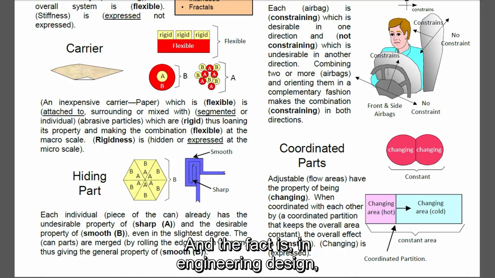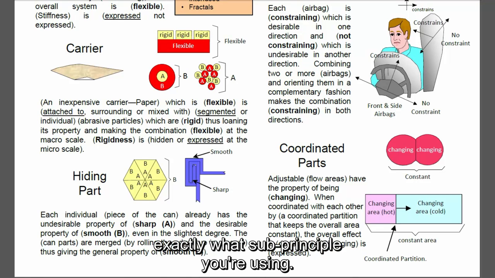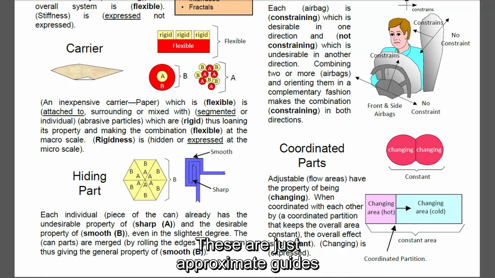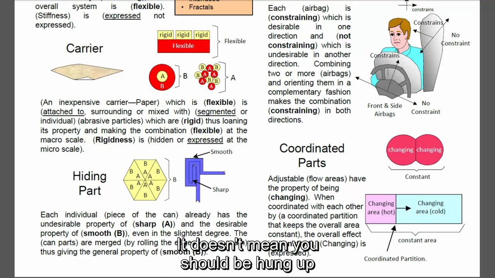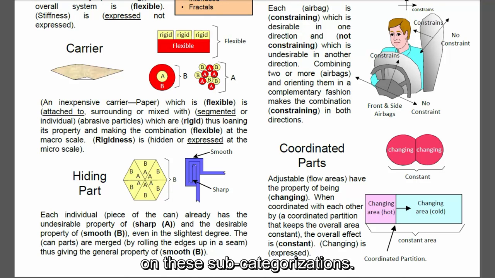And the fact is in engineering design, you don't have to necessarily nail down exactly what sub-principle you're using. These are just approximate guides to help spur your brainstorming. It doesn't mean that you should be hung up on these subcategorizations.